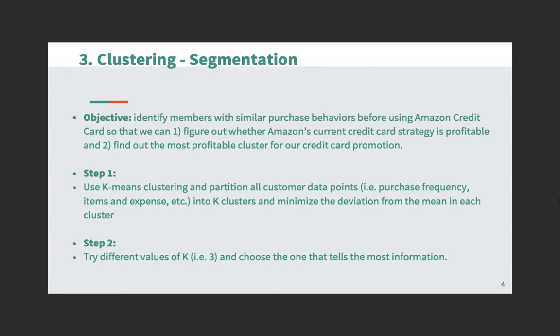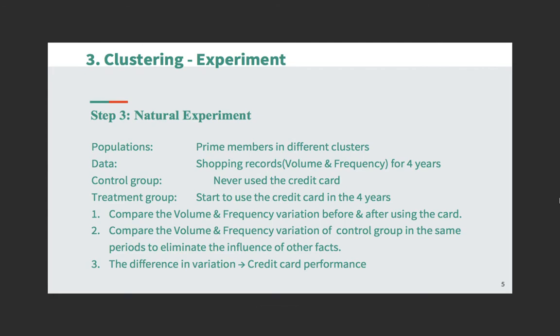So first step, we're going to use k-means clustering and partition all customer data points, such as the purchase frequency, items, and expense, into k clusters and minimize the deviation from the mean in each cluster. Then we're going to try different values of k, such as 3 or 5, and choose the one that tells us the most information. Our group focused on the influence of the credit card on consumer shopping volume and frequency.